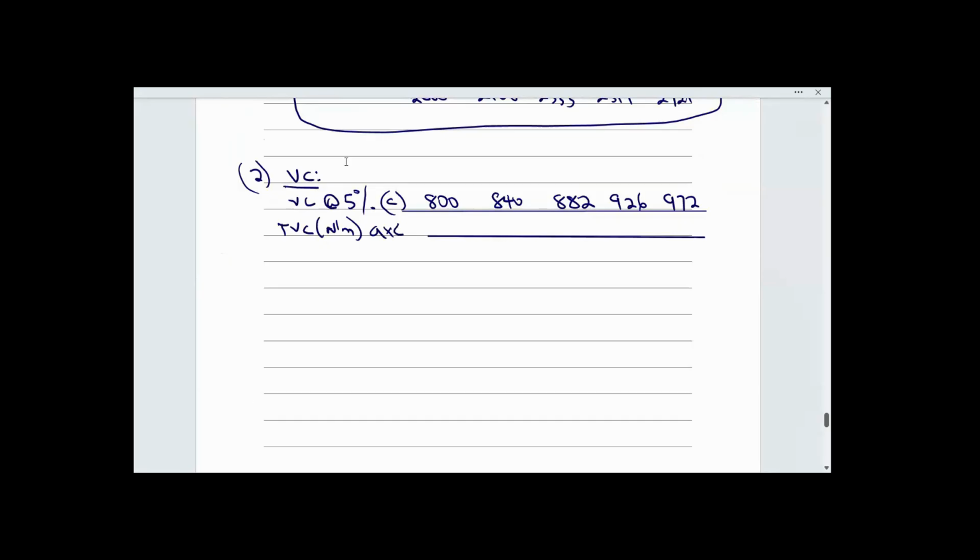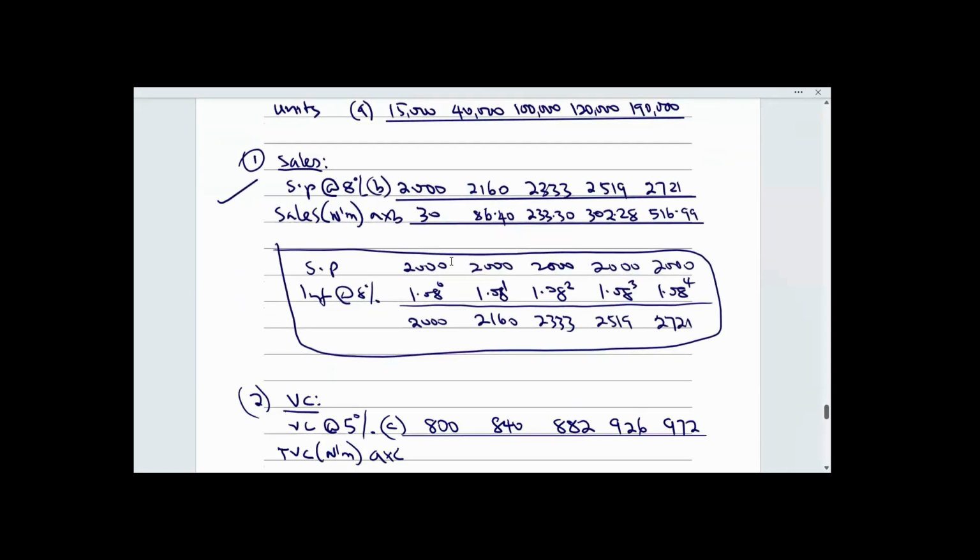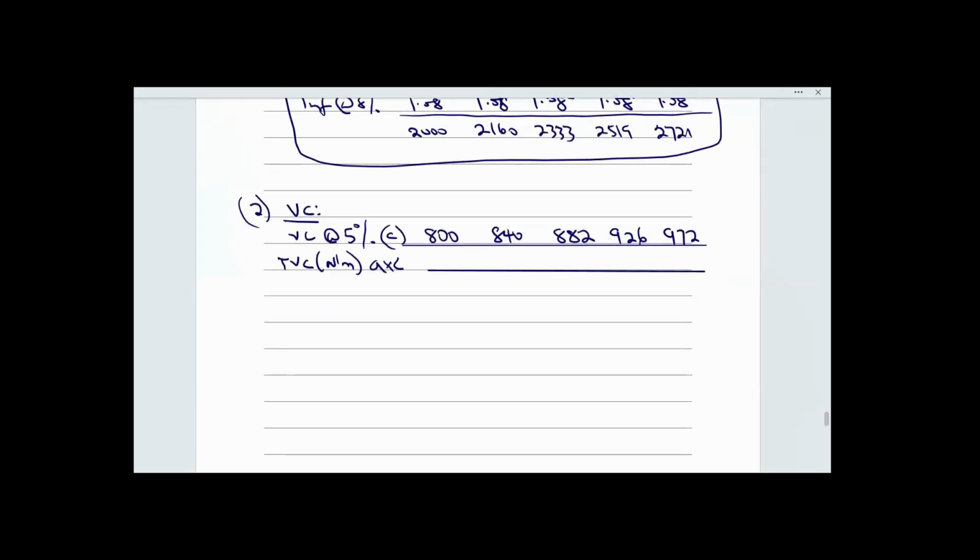So the first year unit is 15,000 multiplied by 800 naira. That's 12 million naira. So here will be 12.